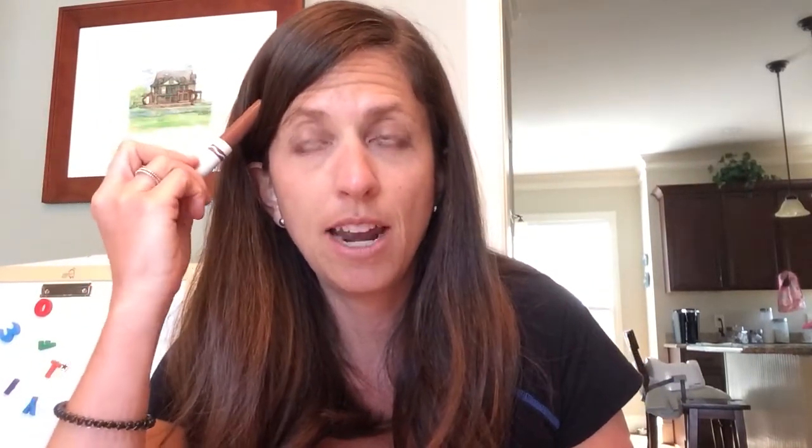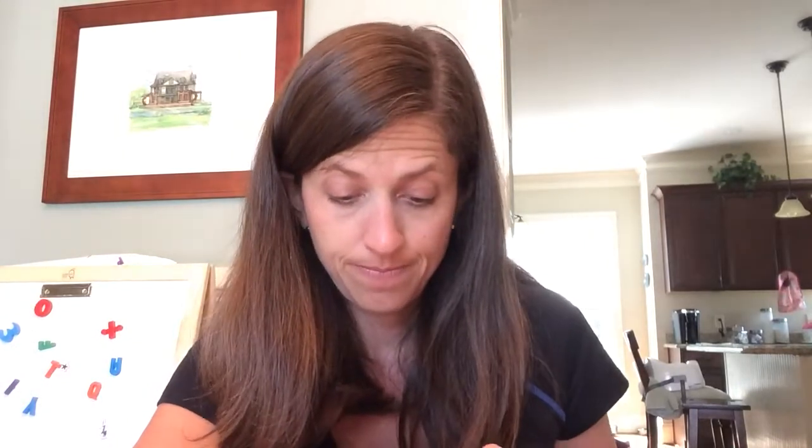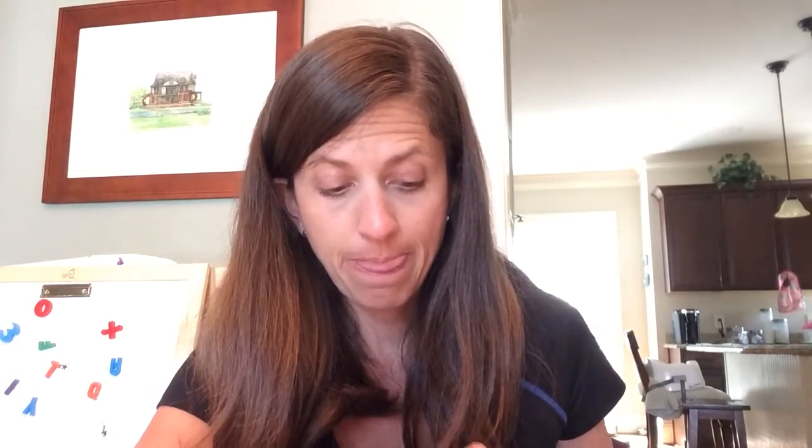Now I can use those clues plus the information that I already know about animals, and I can draw a conclusion that this animal is a... hold on, I'm actually going to draw the animal, so hold on one second.